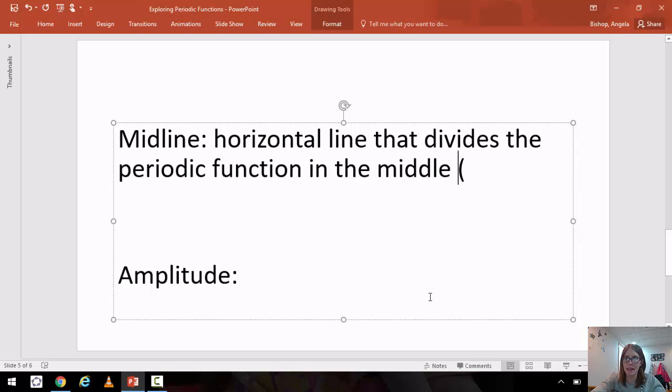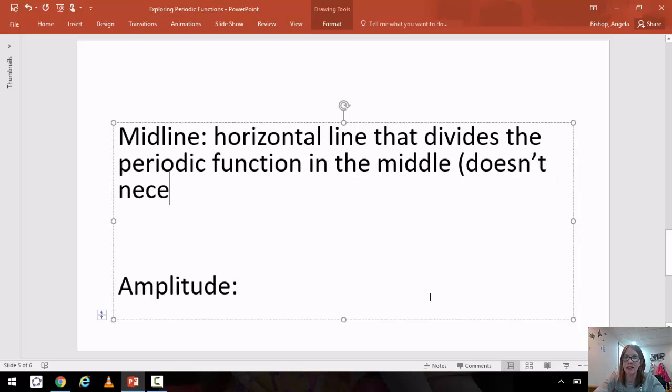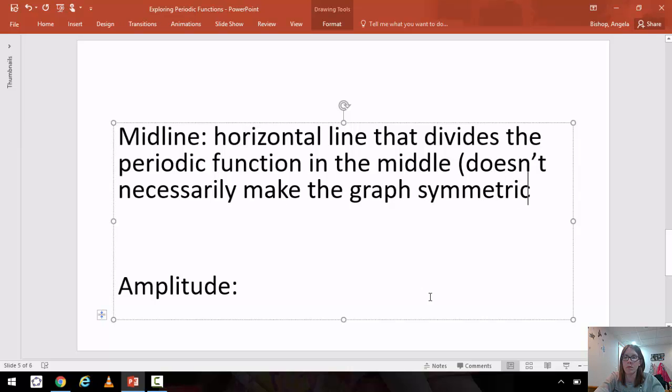Okay, and I'm going to add to that midline, it doesn't necessarily make the graph symmetric. It's not always a line of symmetry. Sometimes it is, sometimes it isn't.